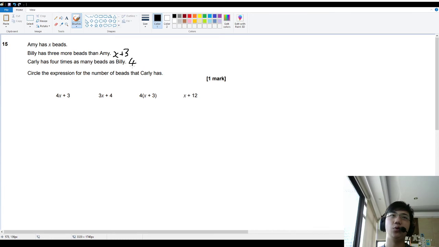Let's call Billy's number of beads B. So Carly has 4B beads, which equals 4 brackets x plus 3 close brackets, which is this expression over here, giving us our answer.